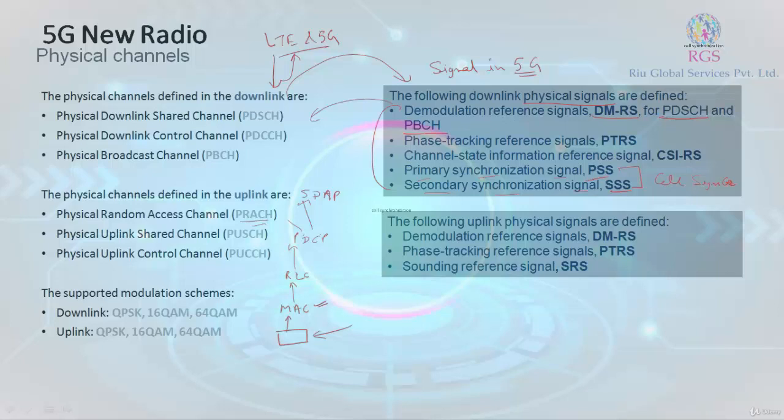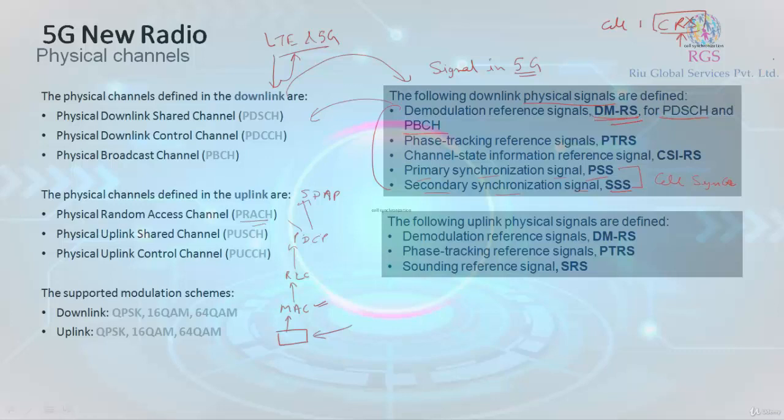This is a reference signal similar to what we had in LTE, called the cell reference signal, CRS. In case of 5G, we don't make use of CRS at all. So we make use of DMRS.